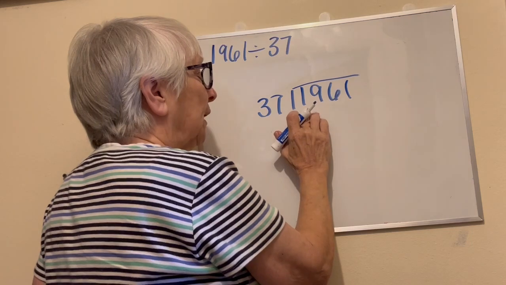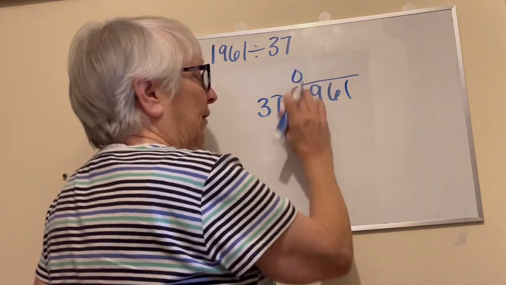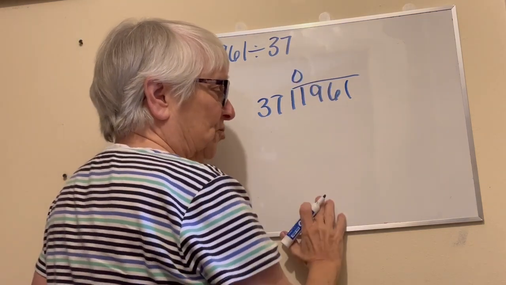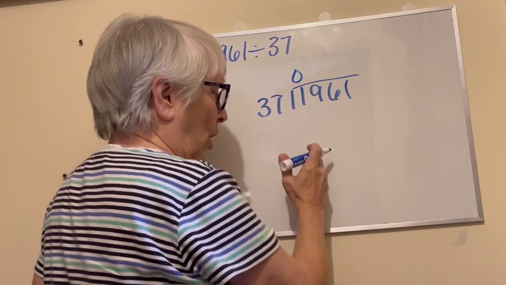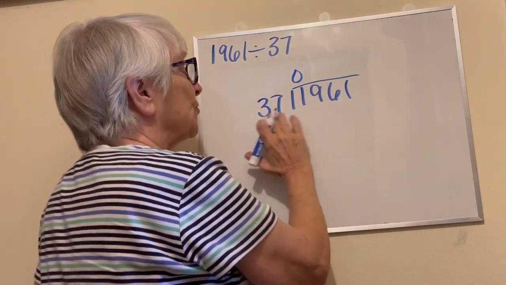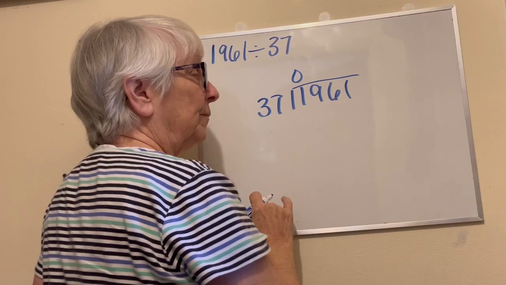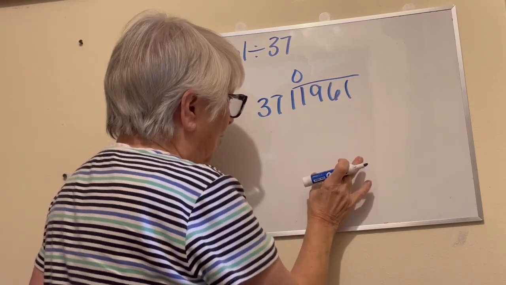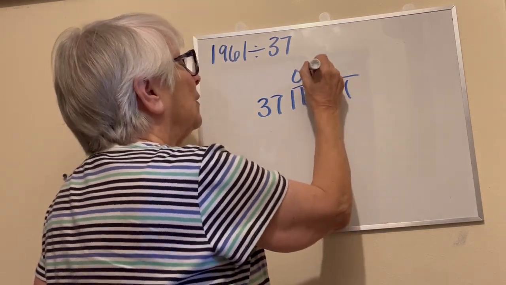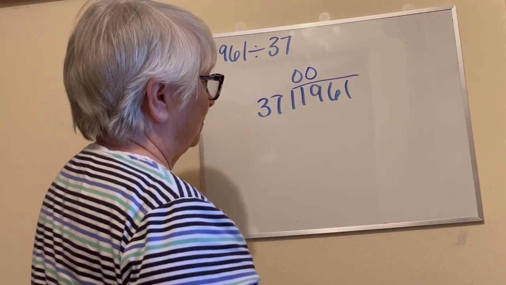Now it doesn't go into 1. I'm going to put a 0 there. I'm not going to bother with the subtraction. I know it's going to be 1 when I bring it down. Does 37 go into 19? Nope, but when I bring the number down, I have to use that number, another 0.